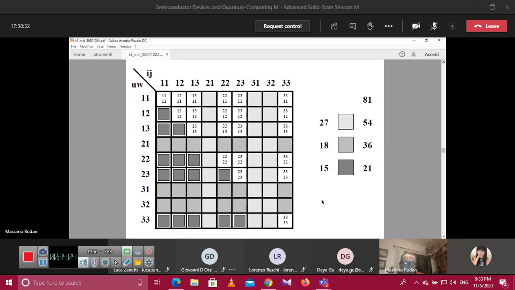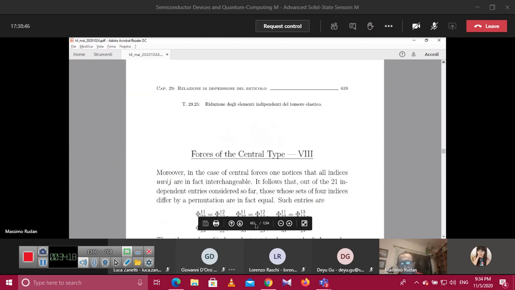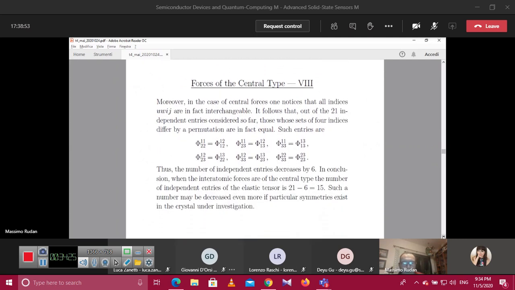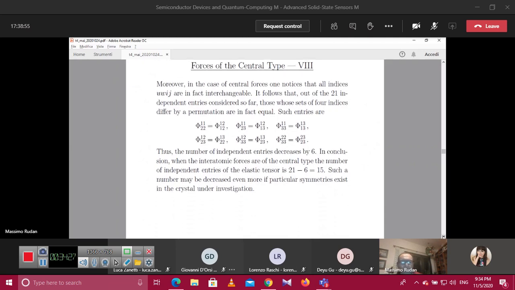So this is another type of symmetry that we can exploit to further reduce the number of independent terms, and one can demonstrate that in the case of central forces, all indices are interchangeable.